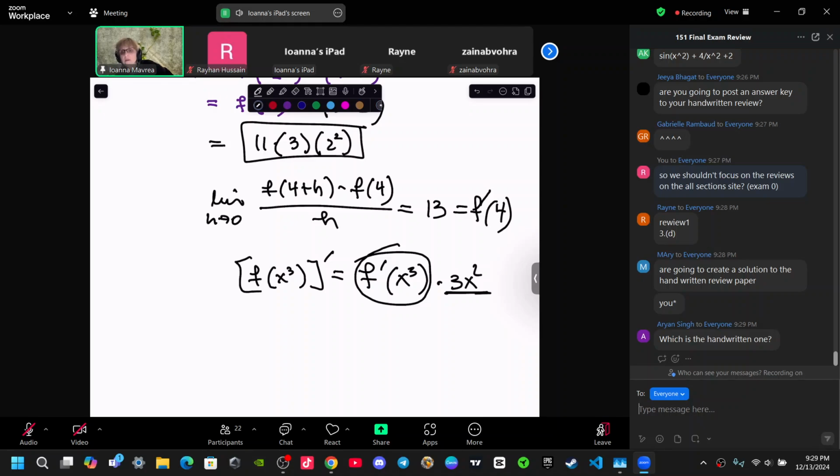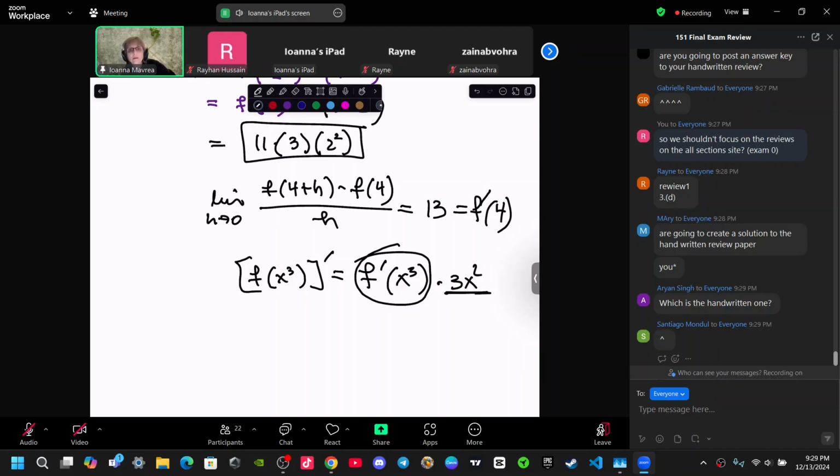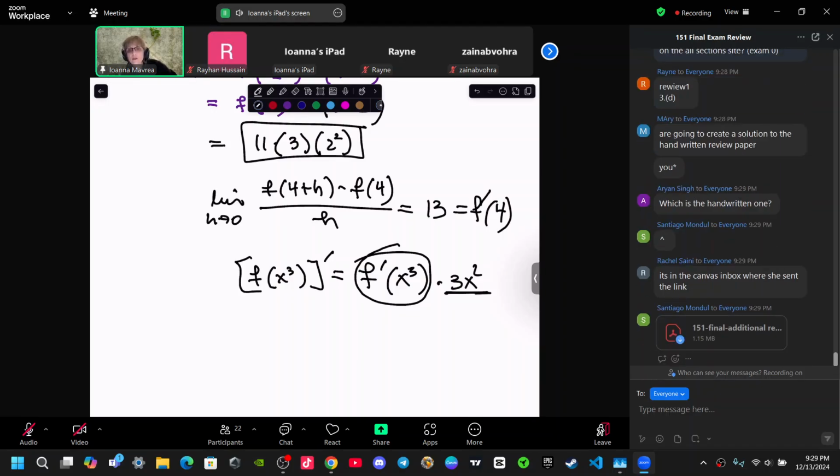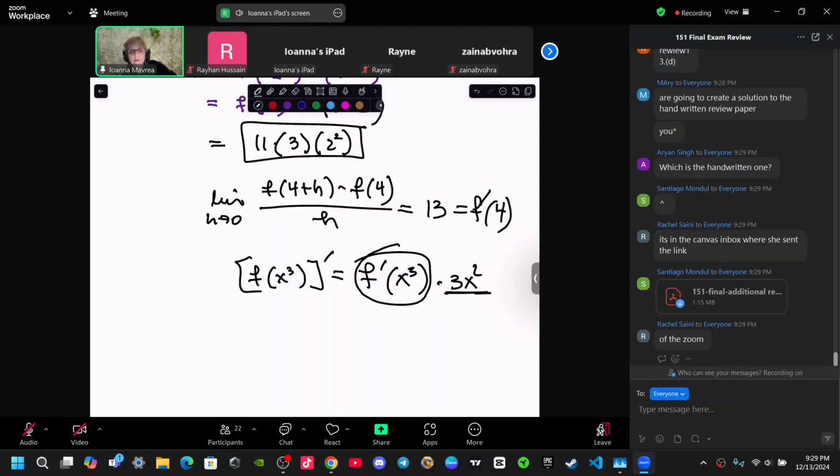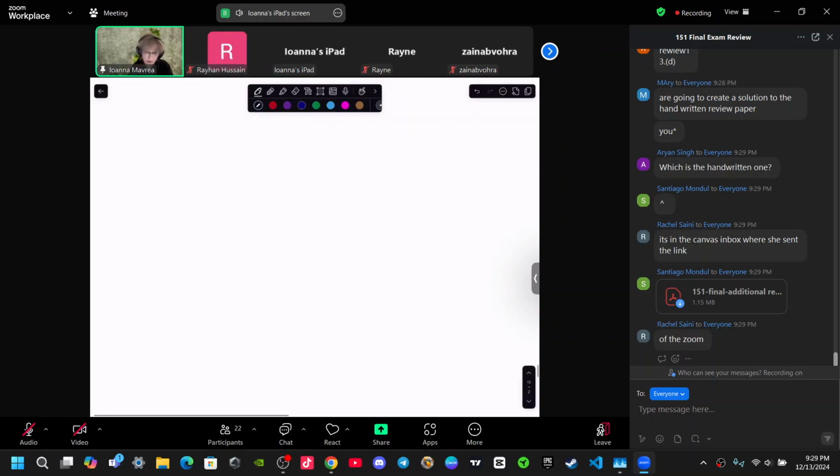Review 1, 3D. Okay, 3D. Yes. So that's a little bit overboard, 3D, but it has a similar idea to something that will show up. If you have a function that has x's and more x's on top in the power, and somebody says find the derivative of y, don't do chain rule.